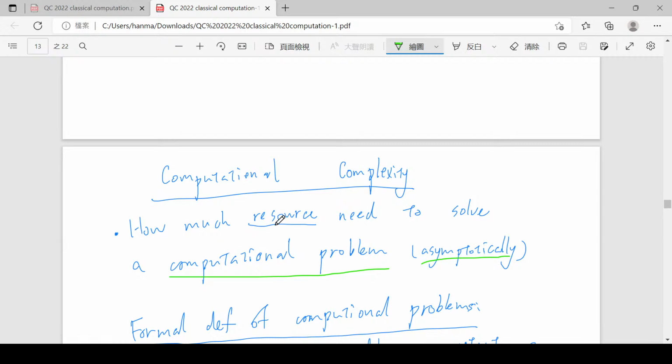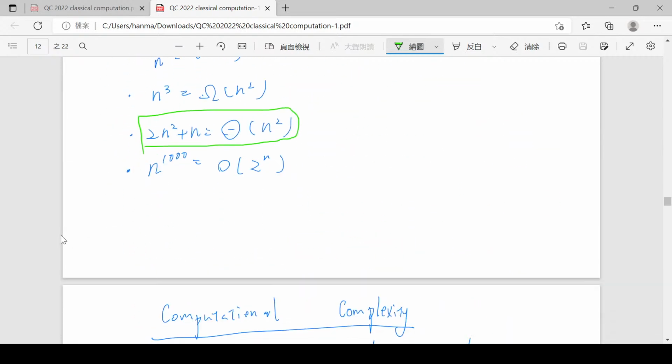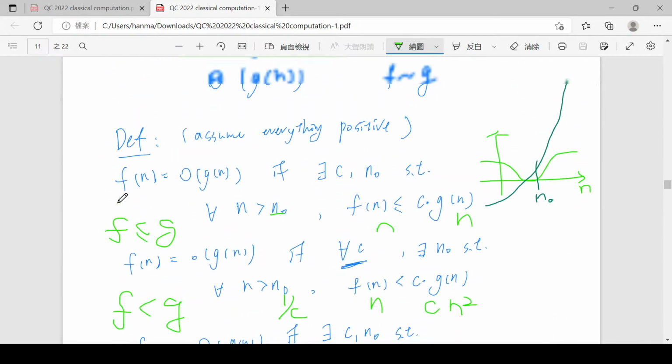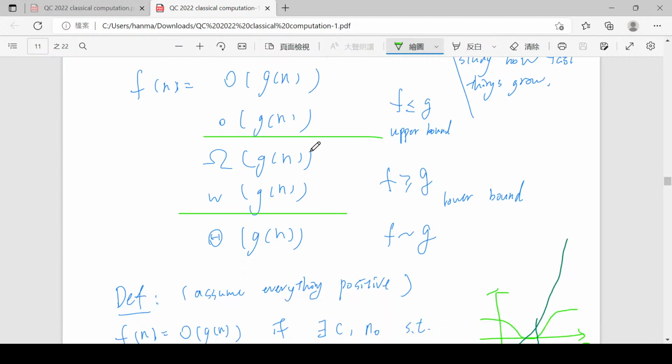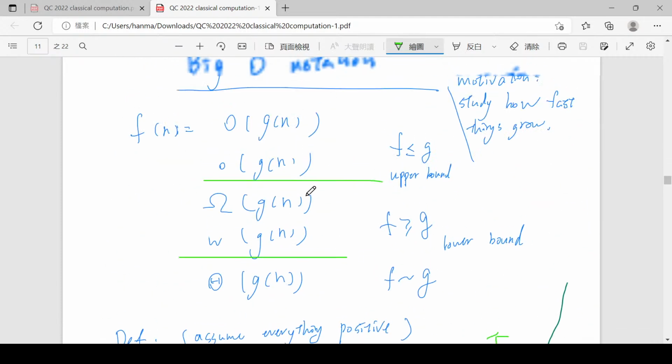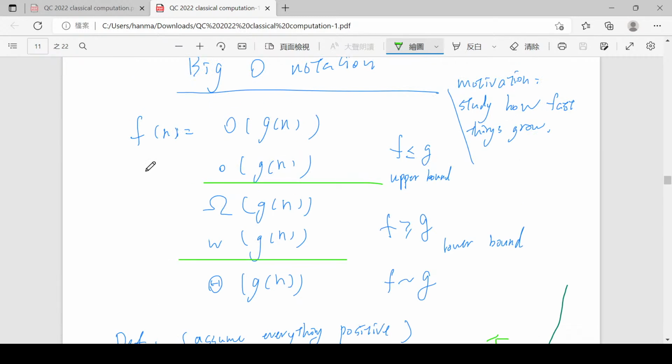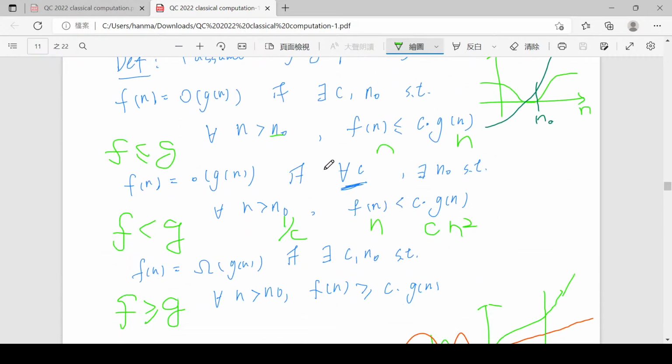There are three keywords here: resource, what is a computational problem, and what we mean by asymptotically. Asymptotic we already introduced with the big O notation. It means there is a scaling parameter, usually the input size of your problem, and we think of that going to infinity, and we want to see how other things scale in terms of these big O notations.